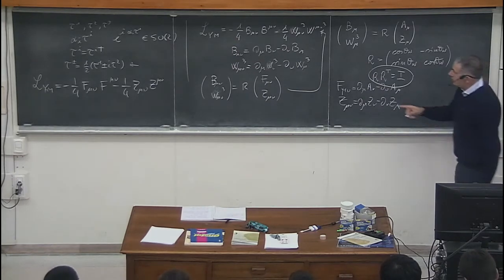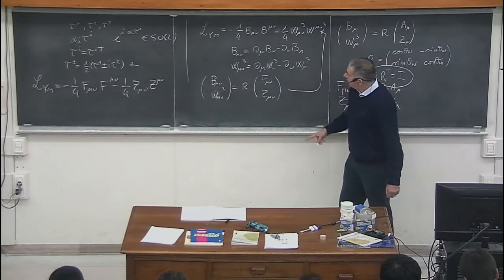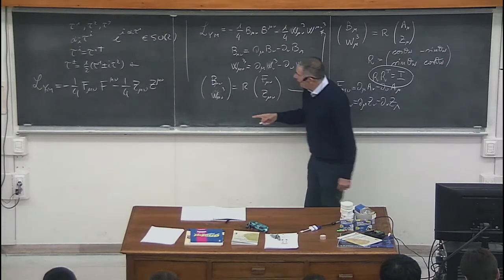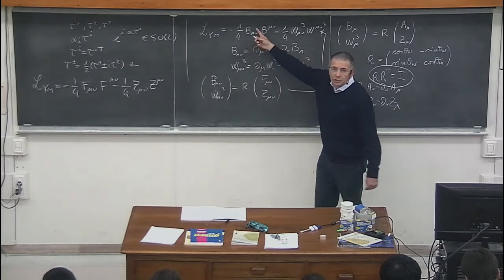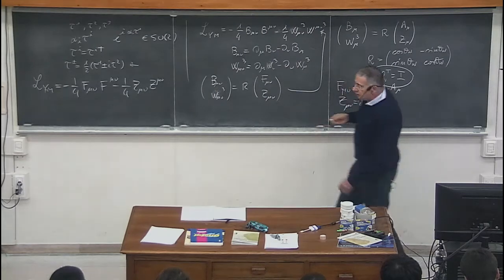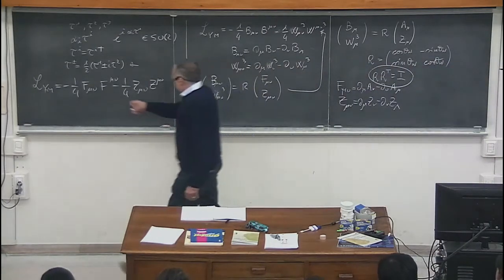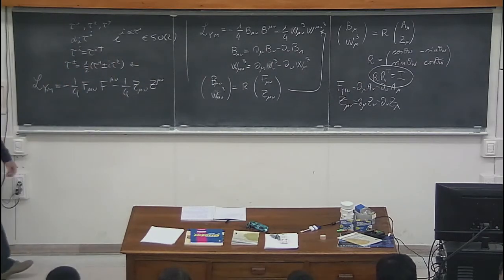If you replace B mu nu and W mu nu 3 by this expression here, you get an R transpose R here, and this cancels because the matrix R is orthogonal, and you get again a diagonal term for the kinetic terms for A mu and Z mu.